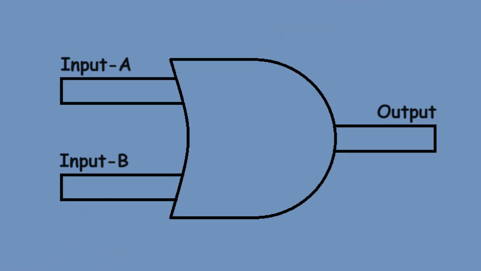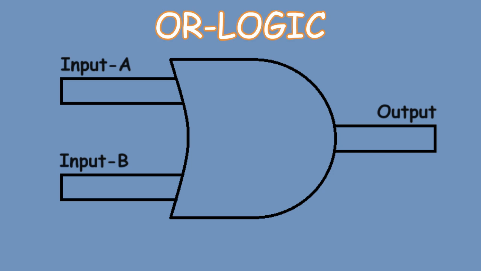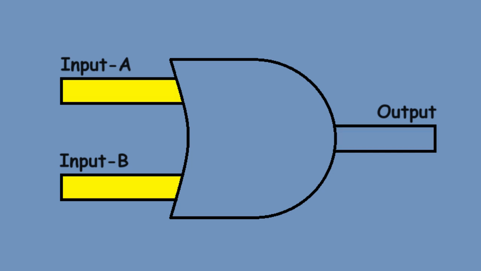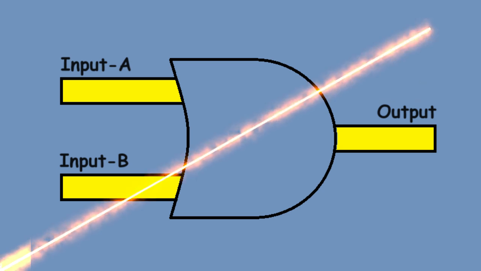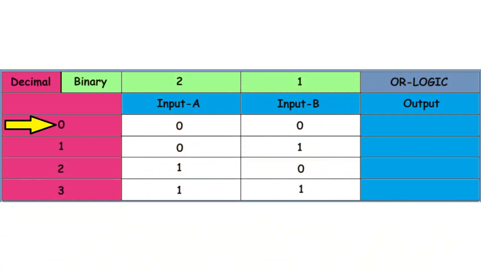Ready? Let's begin. As already mentioned, the principle of operation of OR logic is that you must have one or the other or both inputs high or true in order to have a high or true output state. In the first row to be considered, both input A and input B are low or false, and the applied OR logic is not satisfied, and therefore the output state is false or 0.